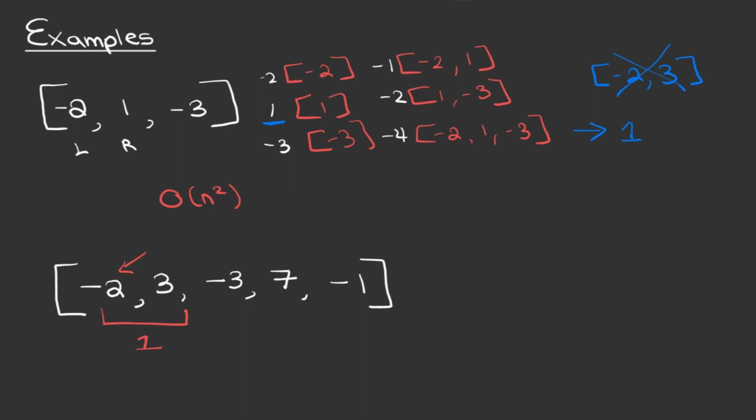We can refer to this as a negative prefix. And this is going to have no impact on the maximum subarray. So we can actually just keep our maximum subarray to only be 3. And this is larger than any subarray that we've seen thus far.